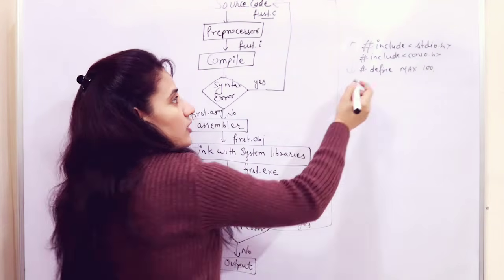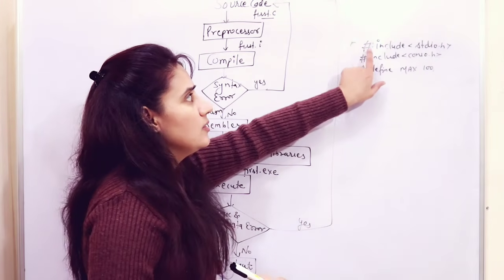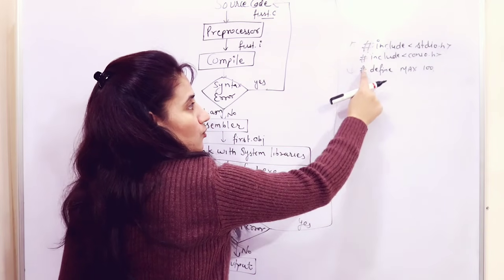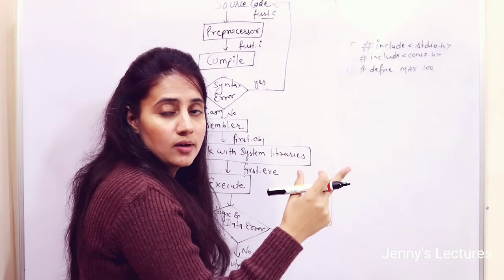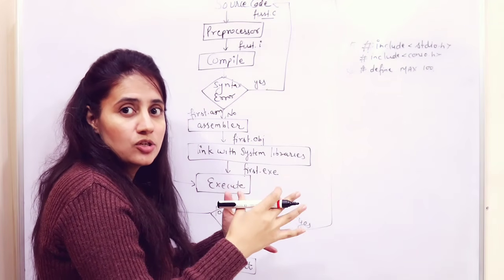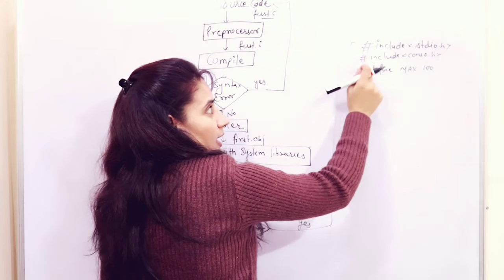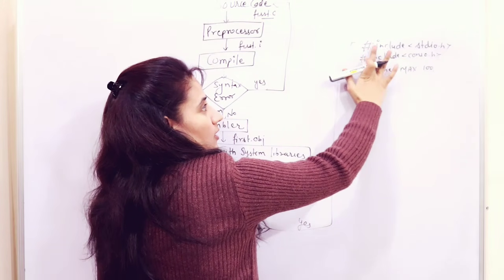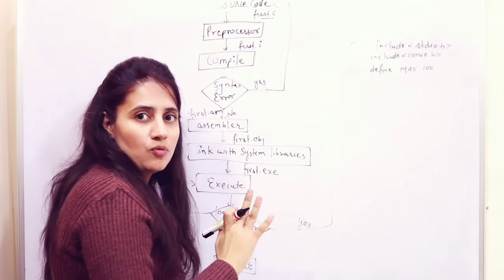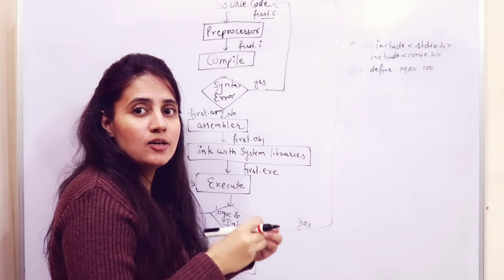And it will remove all these hash symbols. So the preprocessor replaces all the lines starting with hash with the declarations of the functions included in those lines, and basically the hash is removed. This is what you can call the expanded source code.